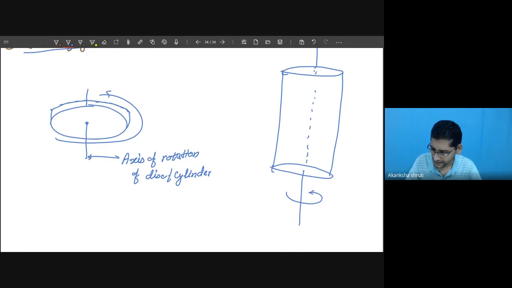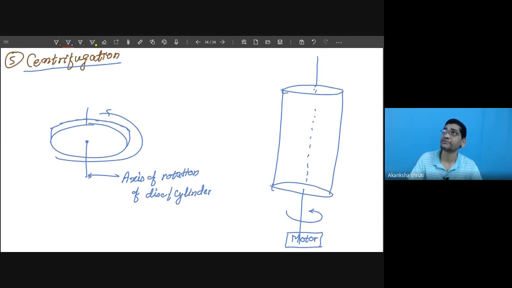How is this rotating mechanism connected? By a motor. So this is connected to a motor. The motor is able to rotate this shaft continuously, like your fan. The fan is pivoted over an axis and it is able to rotate because of the motor.